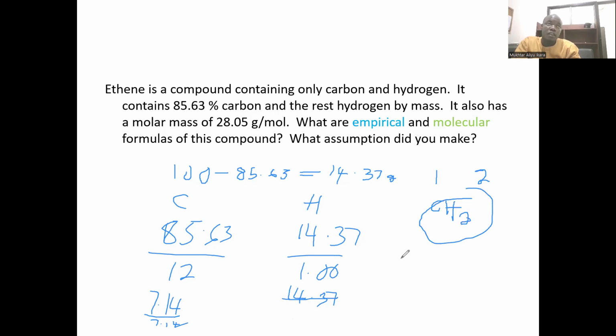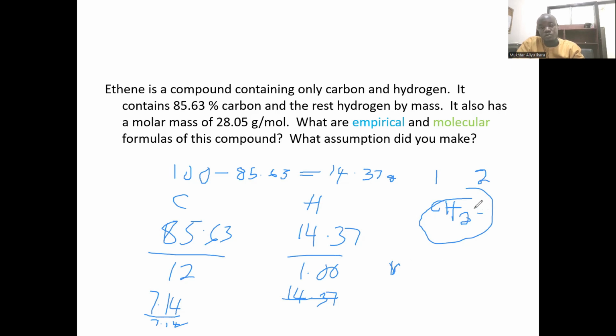And of course, to calculate the molecular formula, we are going to take the mass here and divide it by the mass of the empirical formula. Whatever you get as the ratio, you multiply your empirical formula by it.